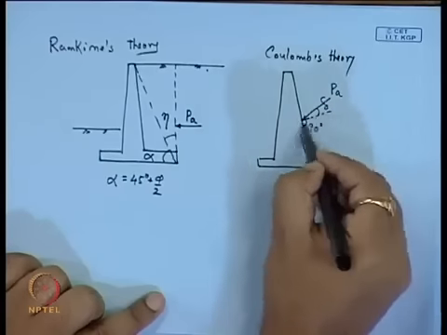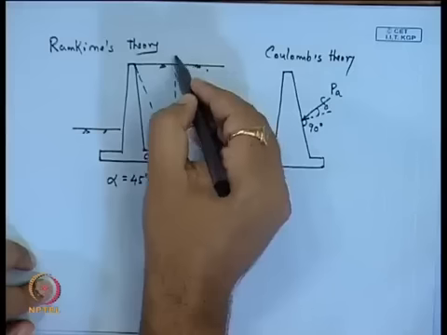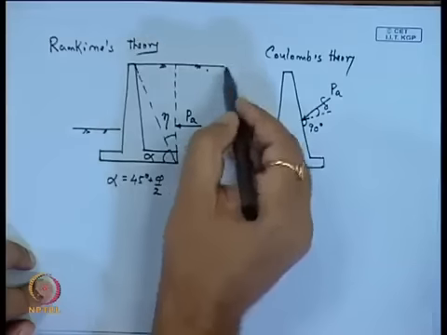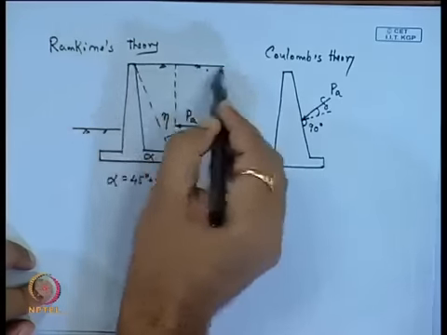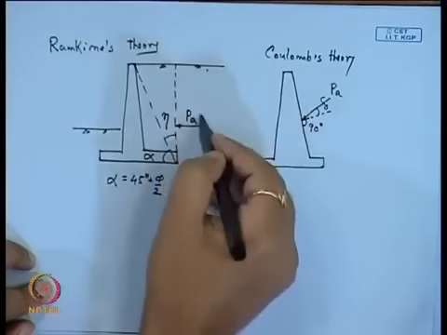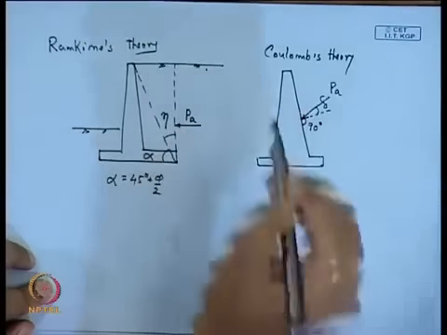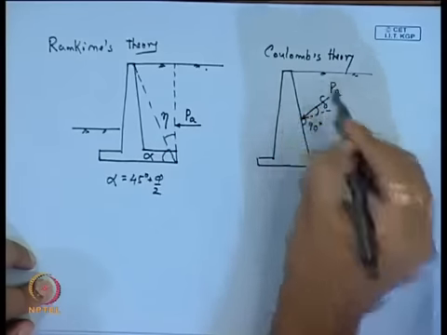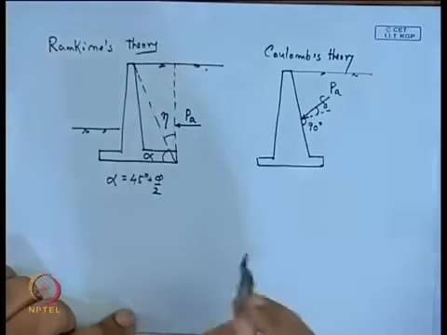So, this perpendicular line, P A will act with an angle delta, whereas in case of Rankine's theory it will act parallel to this backfill side. If the angle is i, then it will act with an angle of i, otherwise it will act parallel to this, the ground surface.